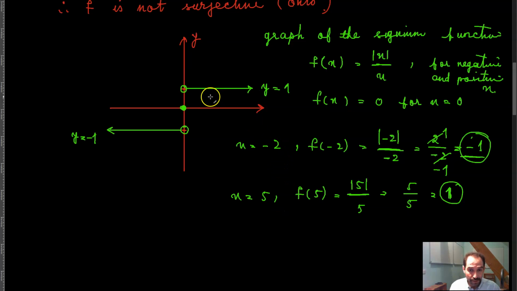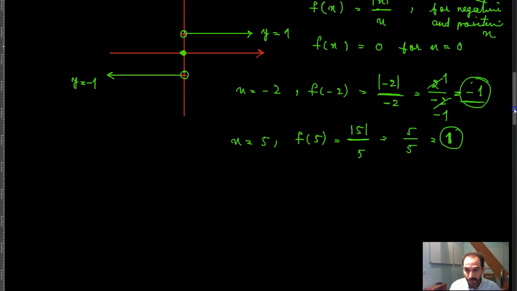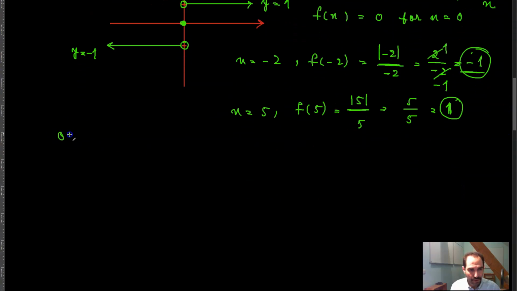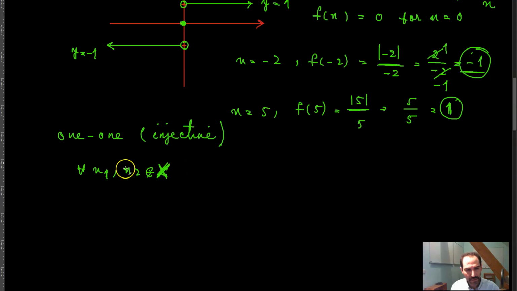Now the problem here is that in order for the function to be 1-1, or injective, what needs to happen is that for every x1 and x2 belonging to the domain of f, if f of x1 is equal to f of x2, that should imply that x1 is equal to x2.